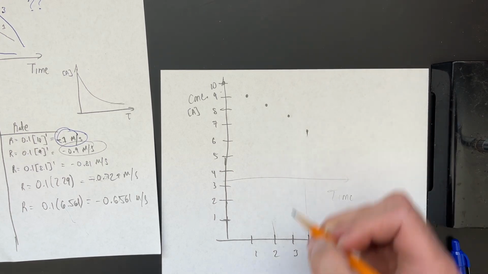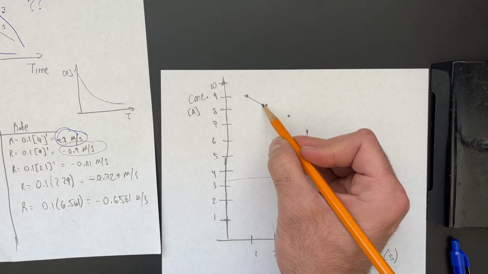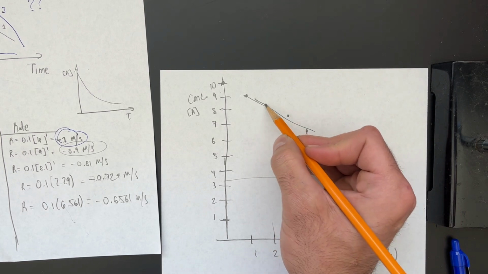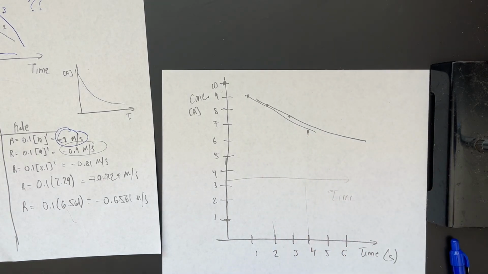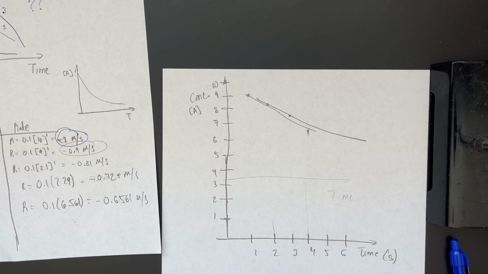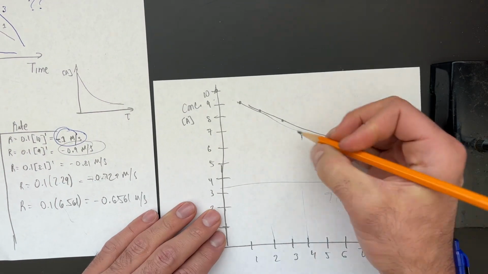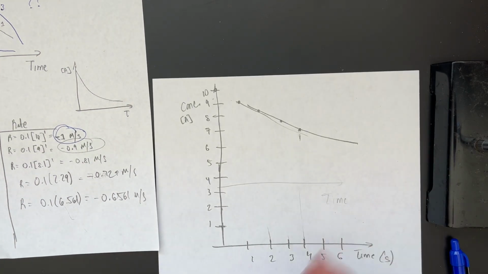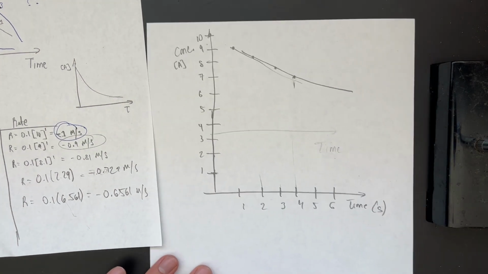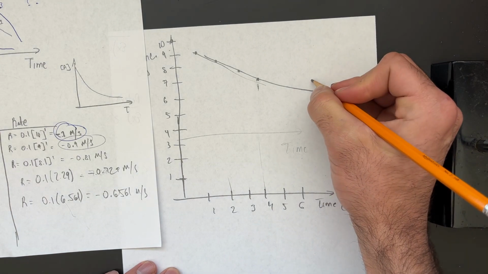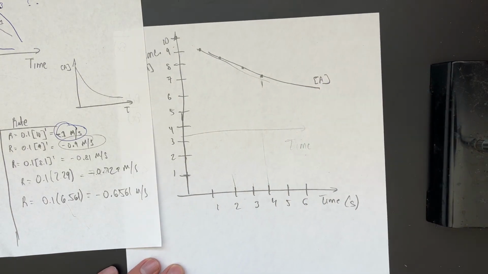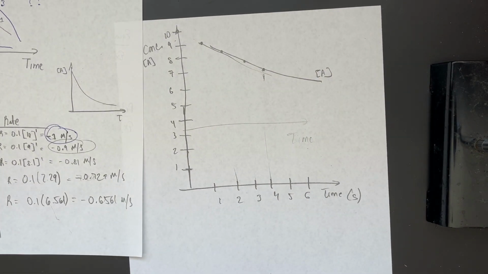Of course, my graph isn't that great because I didn't put this on graph paper, but you'll see something like this if you actually put it on graph paper. And so I'm just going to cheat and put that up there. But again, please use graph paper. You'll see this much better. And so this is the concentration of A over time. We can see it's decreasing at a decreasing rate.